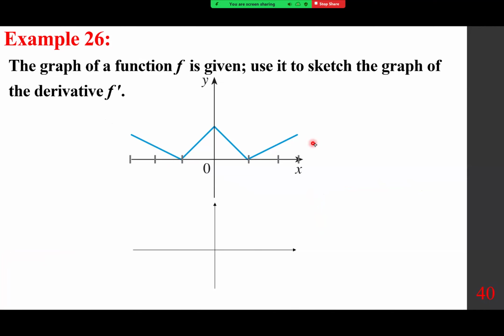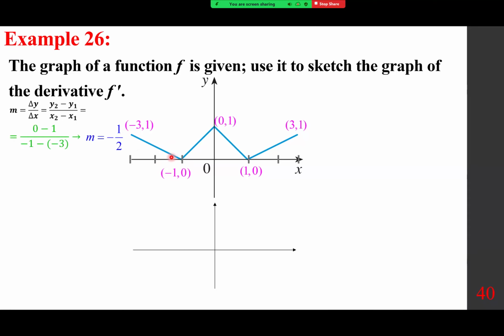So let's plug in some pairs, and they may not be to scale. They're most of the time given to you, or it's very easy to read from the graph. So for example, over here, if I want to calculate the slope, I use rise over run. So 0 minus 1 over -1 minus -3, and the slope becomes 1/2 for this line segment.